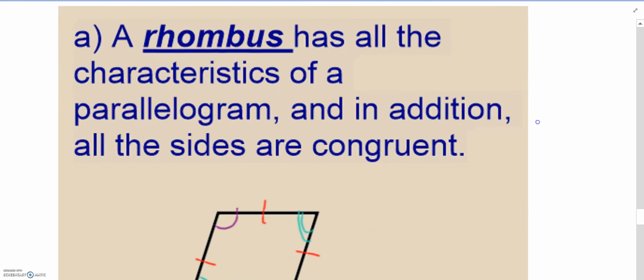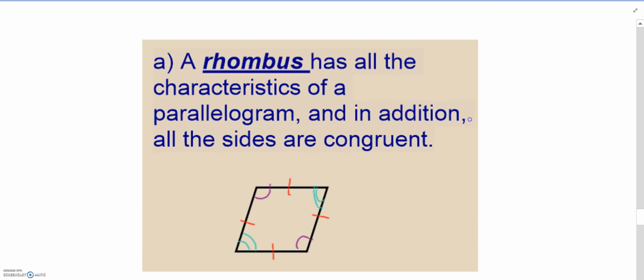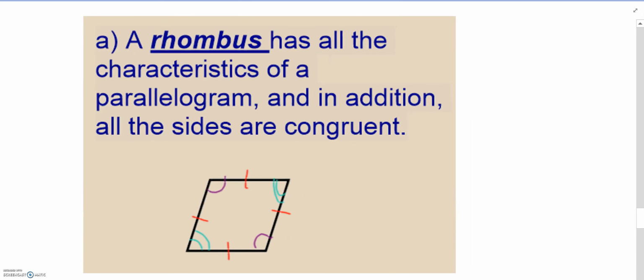The first is called a rhombus. A rhombus has all the characteristics of a parallelogram, and in addition, all the sides are congruent. So that's what makes it a special type of parallelogram. You can see in the diagram that opposite angles are congruent. So this purple angle and that purple angle are congruent.